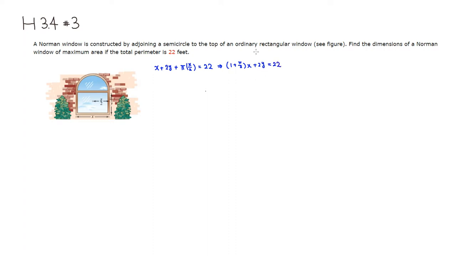I'm going to solve this equation for y. So I'm going to move this term over to the other side. We subtract 1 plus pi over 2 x, so you have 2y is equal to 22 minus 1 plus pi over 2 x. Then divide through by 2.